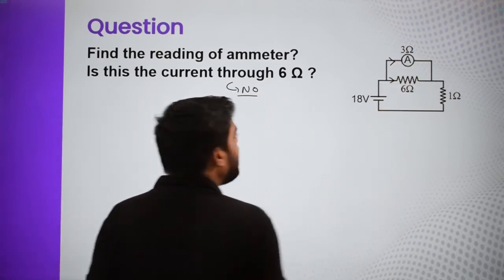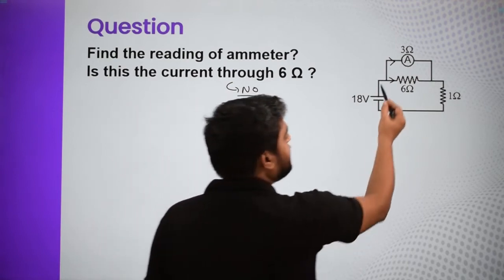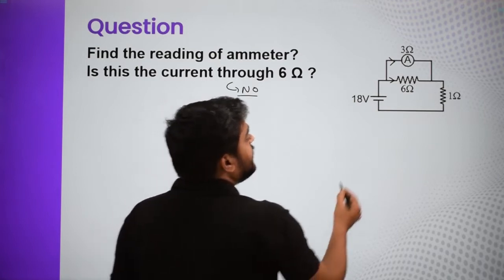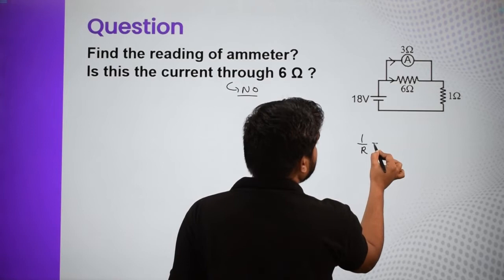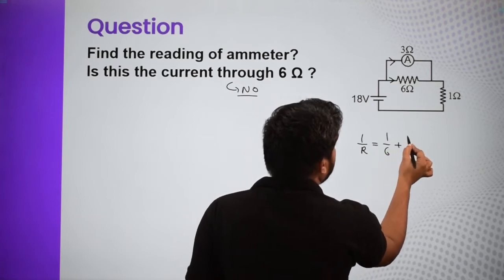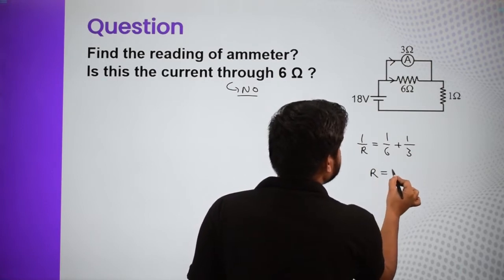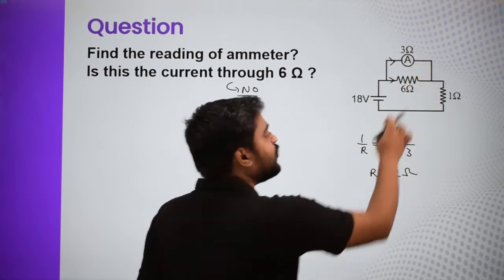So for that, what I am going to do is, I am going to solve this circuit normally, and I just have to get the current in that branch, and that is also the reading of this ammeter. So first, this 3 ohm and 6 ohm are in parallel. So I'll just write 1 by R is 1 by 6 plus 1 by 3. That will give me that these two is basically 2 ohm resistor, right? These two combined resistance is 2 ohm, and this 1 ohm.